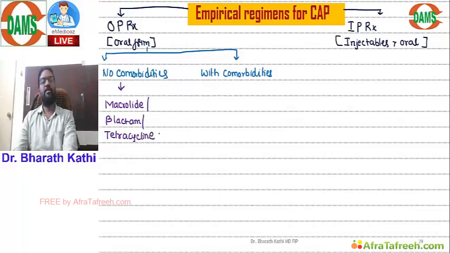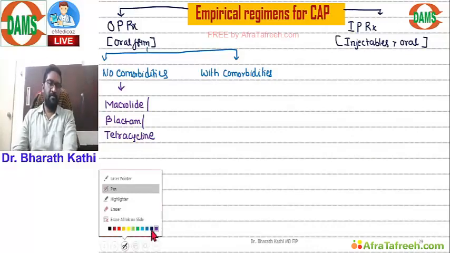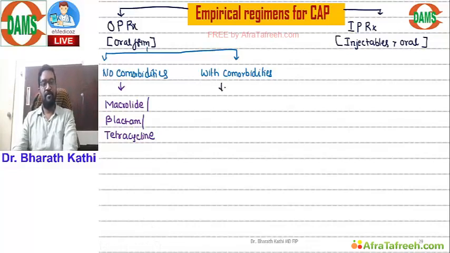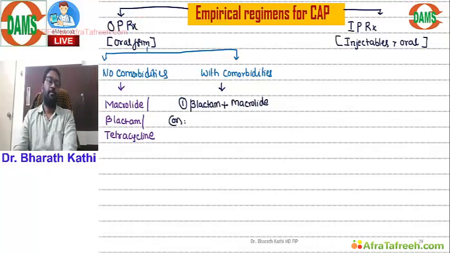Macrolide, beta-lactam, tetracycline. Now if the patient is with comorbidities, the first preferred regimen in our country is beta-lactam plus macrolide or monotherapy with fluoroquinolone.